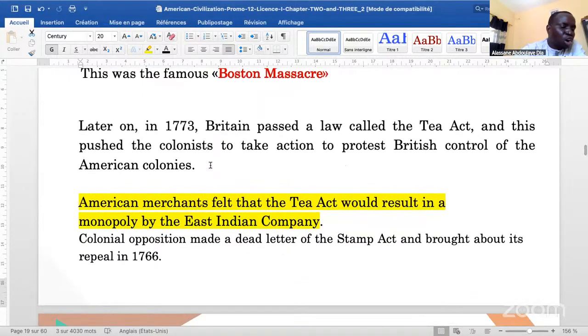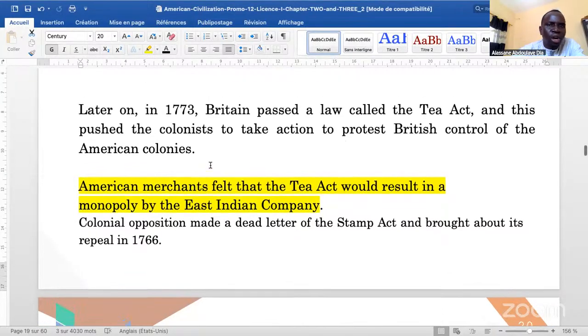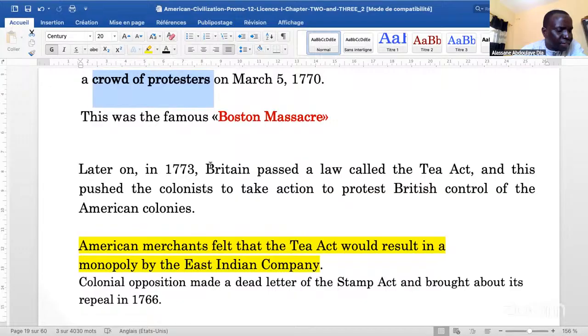So later on, in 1773, Britain passed a law called the Tea Act, and this pushed the colonies to take action to protest British control of the colonies. So we are in 1770, there was the Boston Massacre.